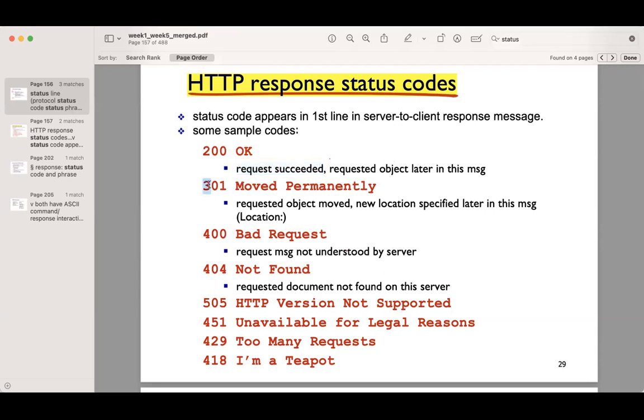And if we have a status code starting with 4, what kind of error does this represent? Is it a server side or client side error?